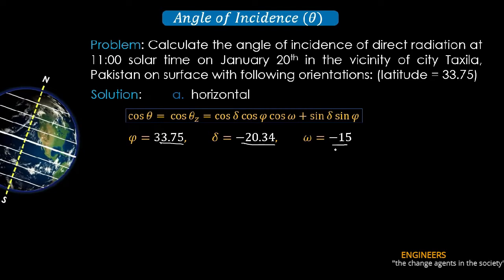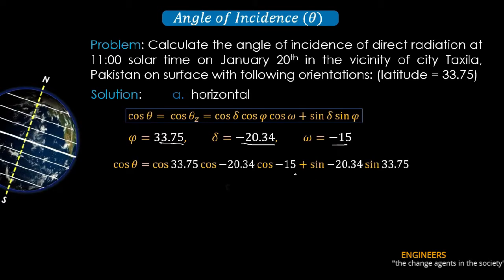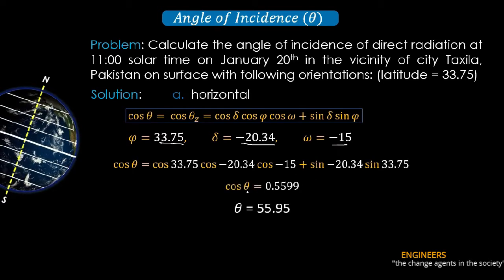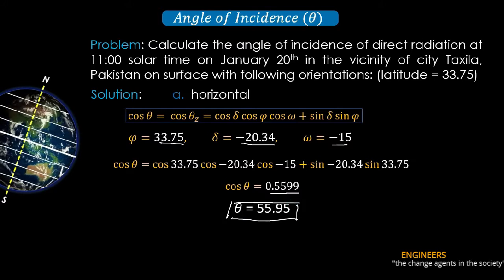Now using these values in this expression, the value of cos theta is 0.5599. So the value of theta, the angle of incidence, would be 55.95.